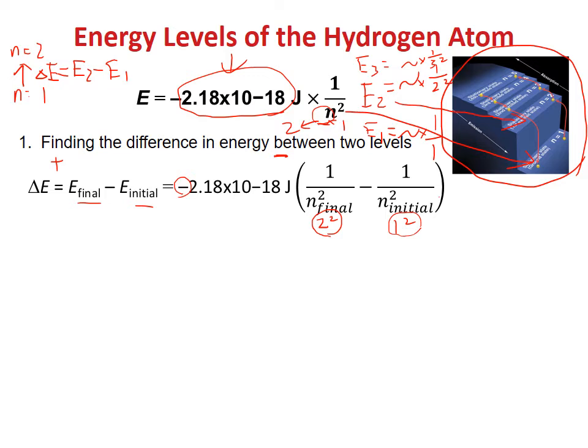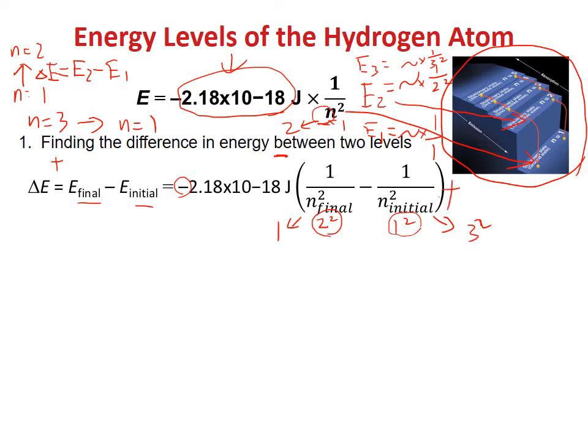On the other side, if n goes from 3 to n equals 1, in other words, if energy goes down from a higher energy level to a lower energy level, then final is 1, and the initial is 3 squared. So 1 divided by 1 minus 1 divided by 9 will be positive.